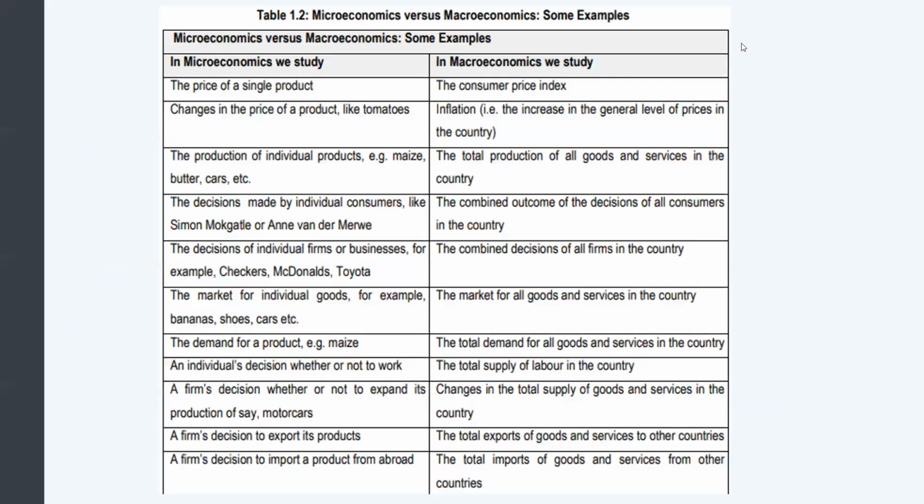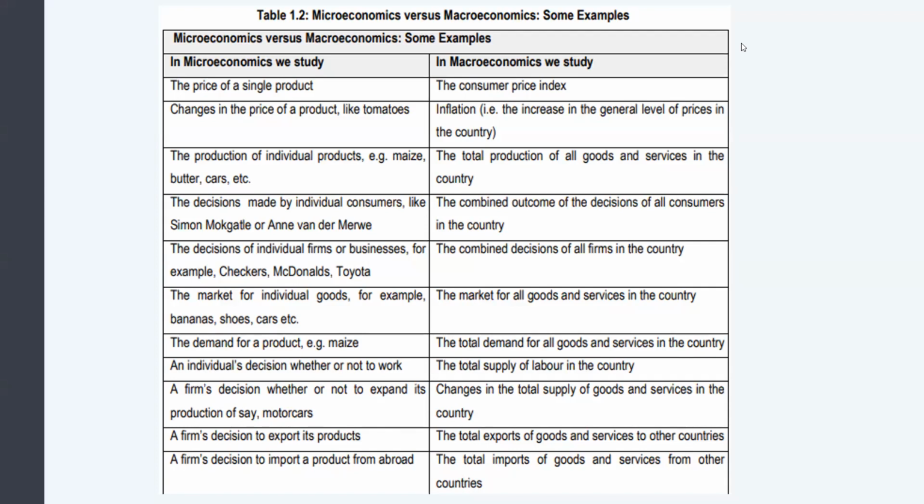Now, within your study guide, there's an example that can also help you understand these slight differences between microeconomics and macroeconomics. I usually like giving this example. If we're looking at issues of prices, when we're dealing with microeconomics, I'm talking about the price of one tomato, or the price of 1 kg of tomato, or the price of 1 ton of tomatoes.